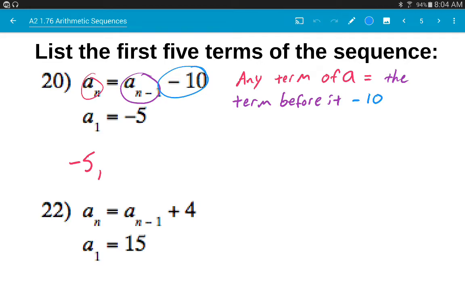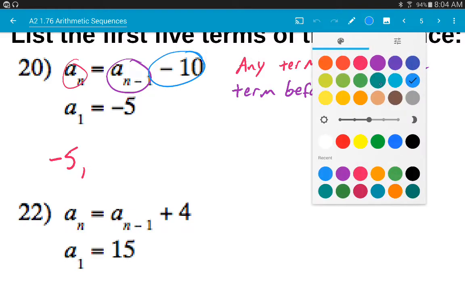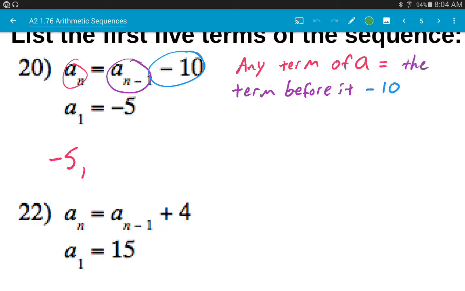Any term of a is equal to the term before it minus 10. That's what this says right here. So if I want the second term, it's equal to the term before it minus 10. So the second term is just this minus 10. Negative 5 minus 10, that's going to be negative 15.